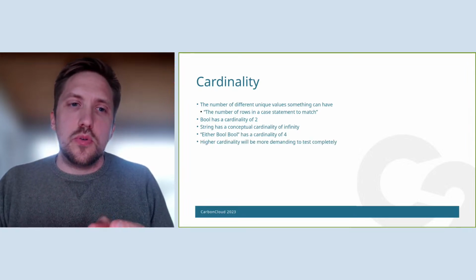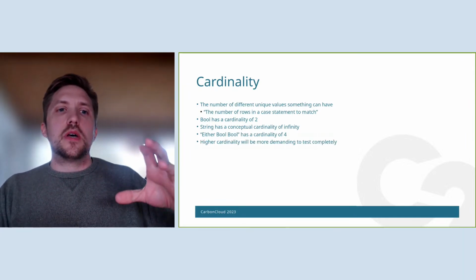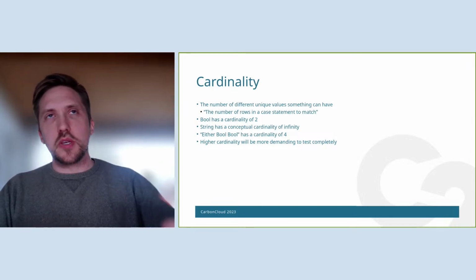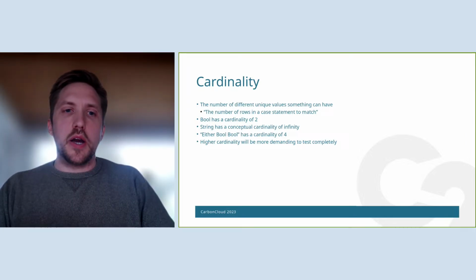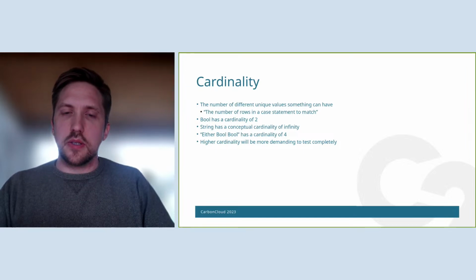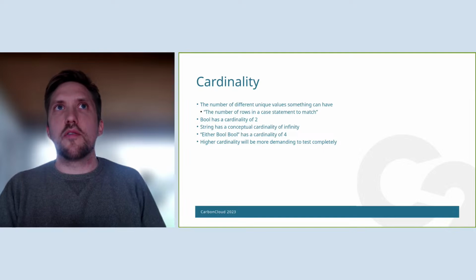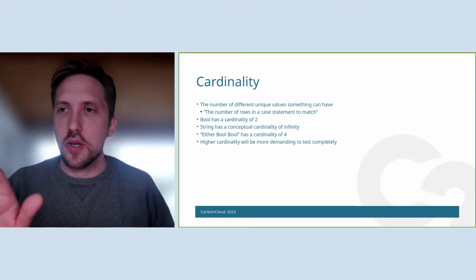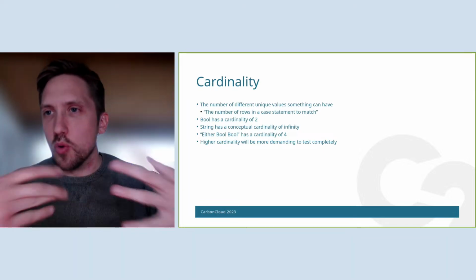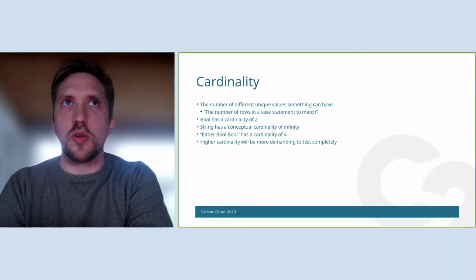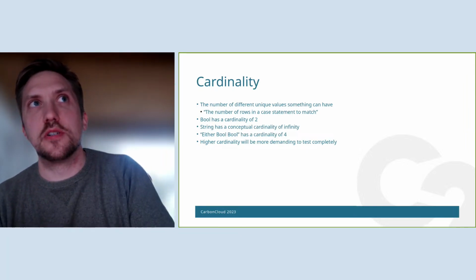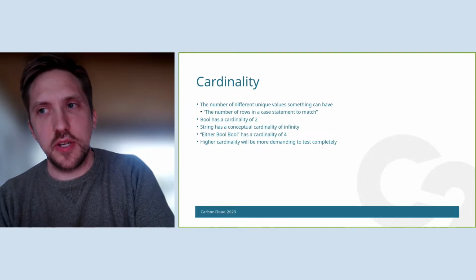And if you want to test a function, the higher cardinality it has, the more demanding it will be to test. Note that we're talking only about pure functions, meaning functions that don't work with side effects.